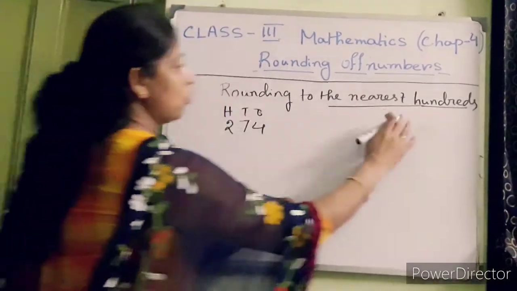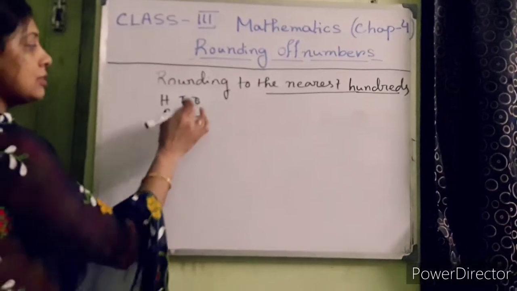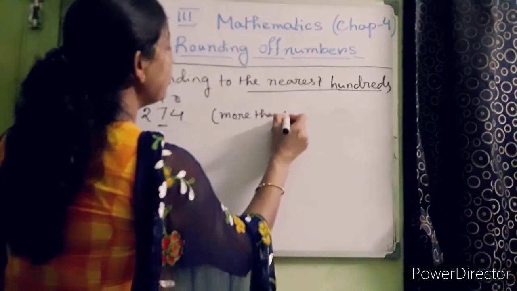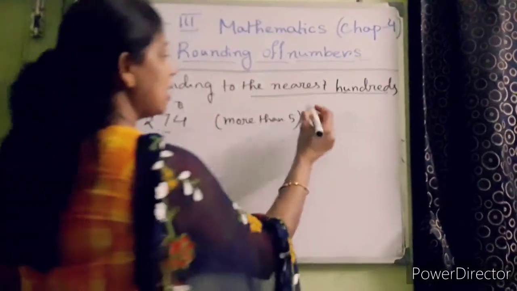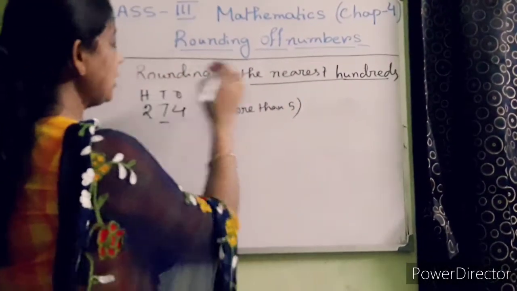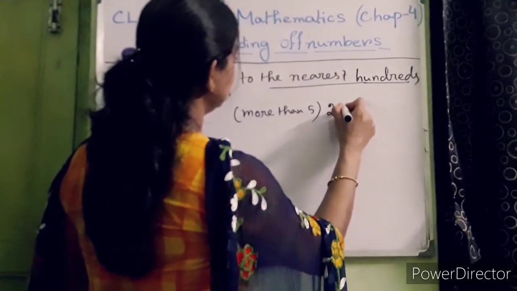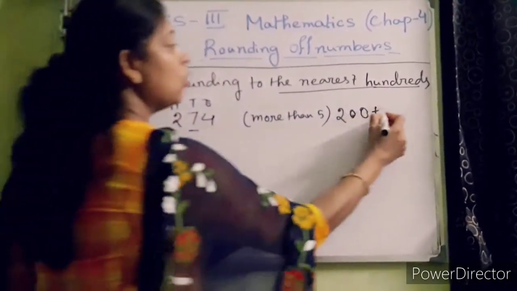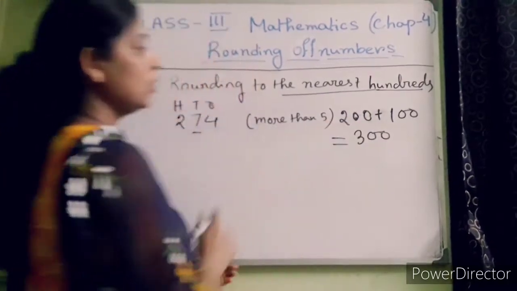For the nearest 100, you have to observe which digit is present in the tens place. Here 7 is present in the tens place, so it is more than 5. According to the rule, you have to put 0 in the tens and one place. After that, since it is written 100, you will add 100. So your answer will be 300.